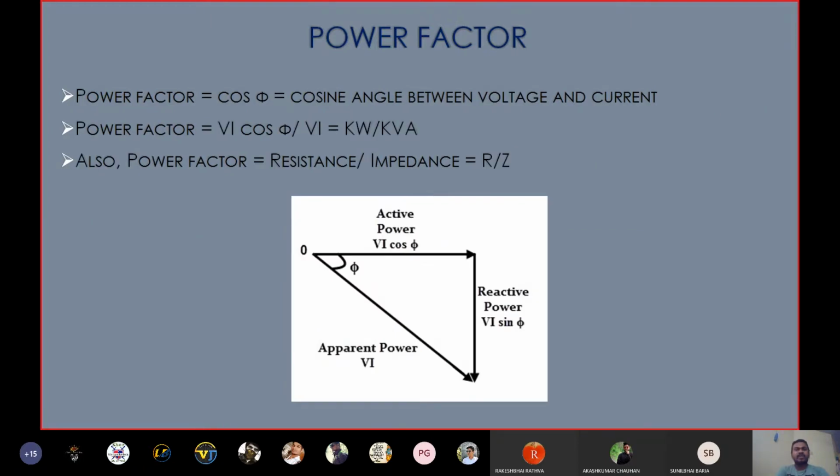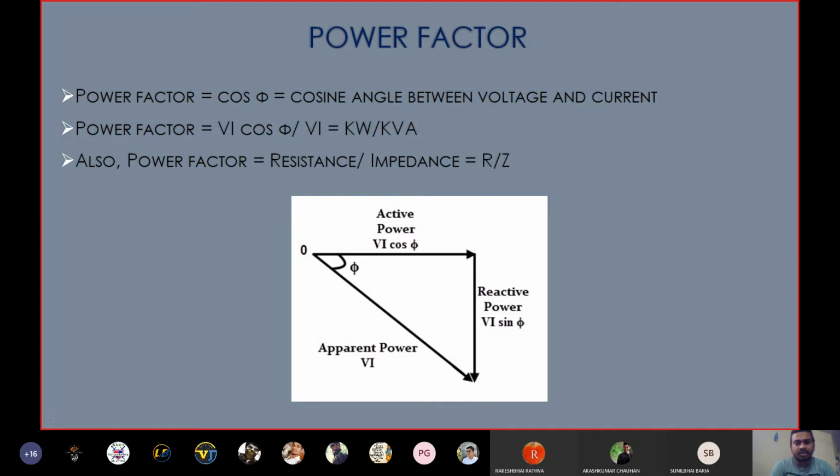Okay, so this is the power triangle. Here OA represents the active power, that is VI cos phi. AB represents the reactive power, that is VI sin phi, and OB represents the apparent power.